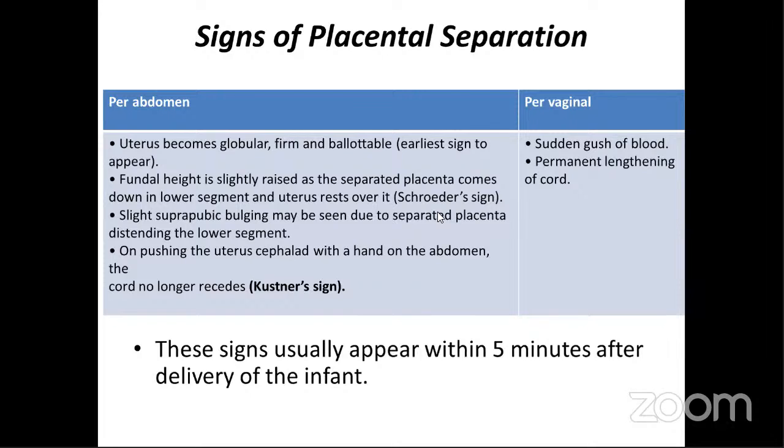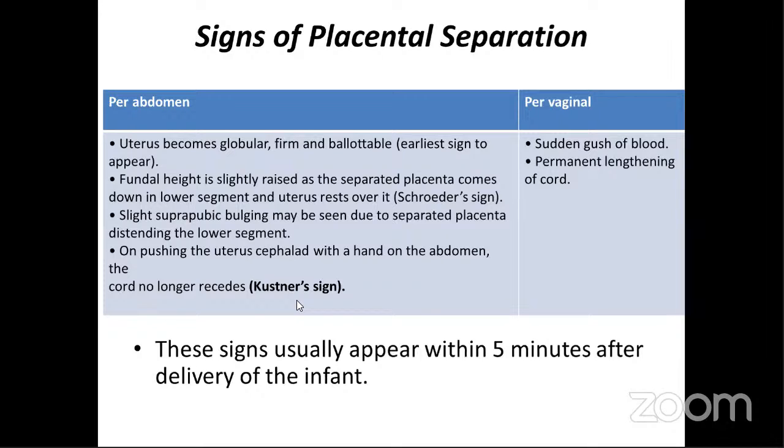Has anybody attempted a delivery? Has anybody conducted a delivery and helped out with the delivery of the placenta? Any one of you? Yes, ma'am. So have you been able to identify these signs when you're trying to deliver? Yes, ma'am.